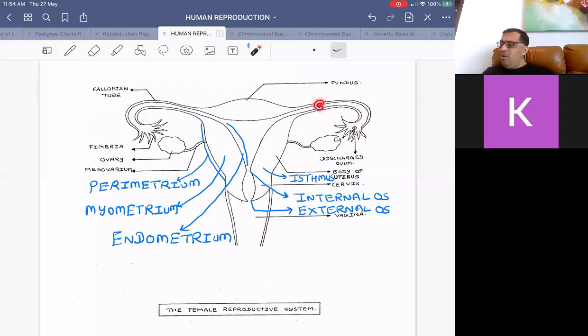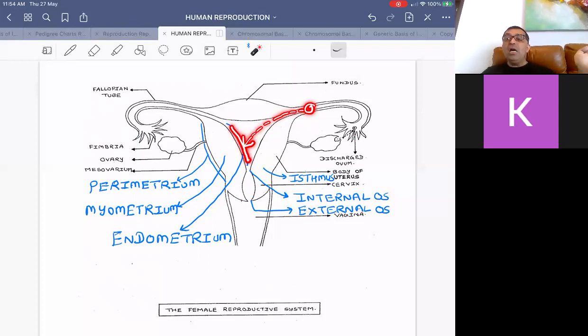Now the unfertilized egg will drop in the endometrium. Will the unfertilized egg stick to the endometrium and form a zygote? No.